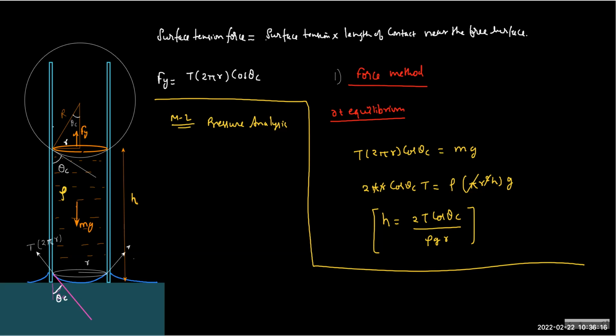In the pressure analysis, we just take out the pressure at every point. If I look at the surface just above the free surface, we know the pressure is P0, correct? But just below, the pressure is not the same. It is P0 minus 2T by R, because it's a convex surface. It will be less by this value.